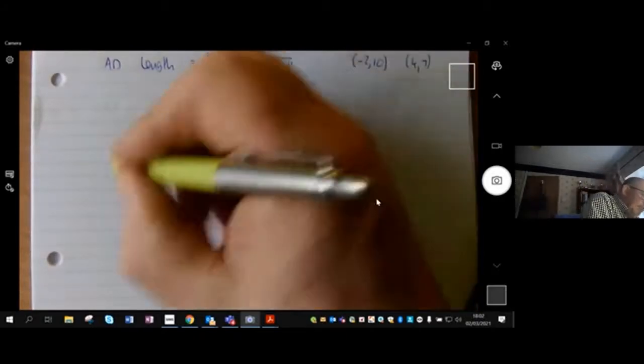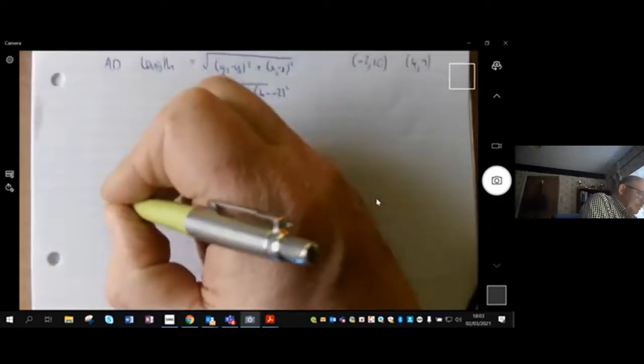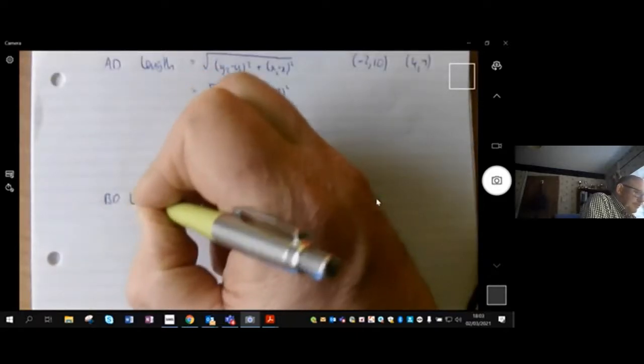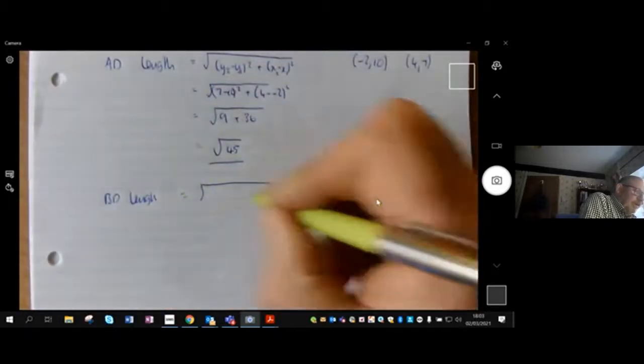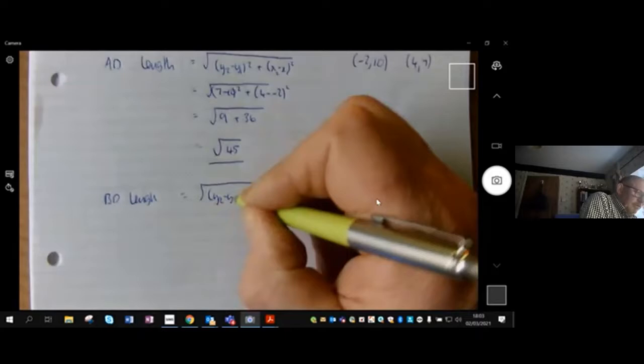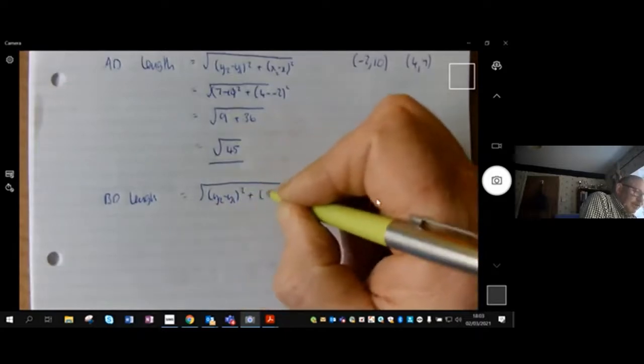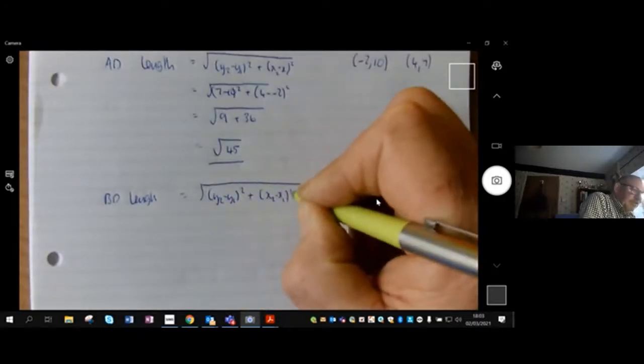And BD length, I think, is again square root of y2 minus y1 all squared plus x2 minus x1 all squared.